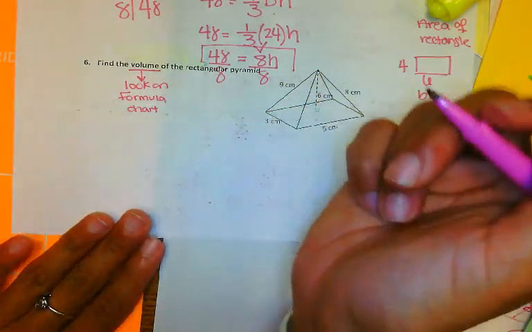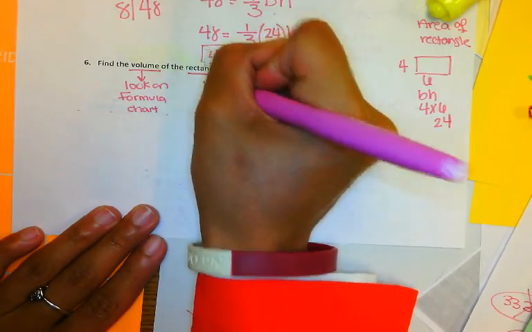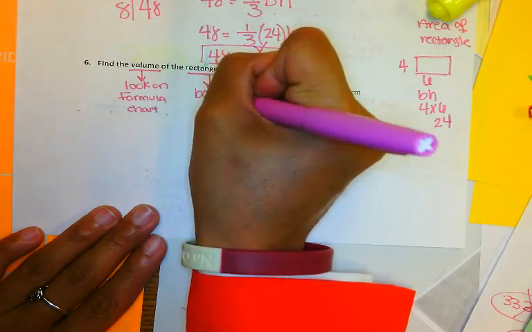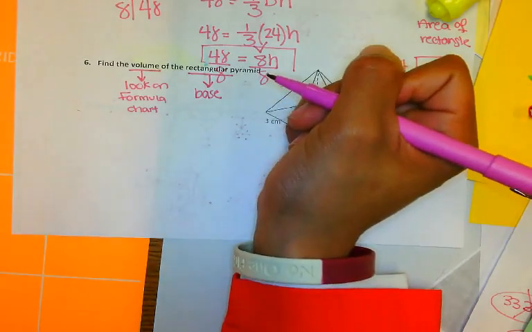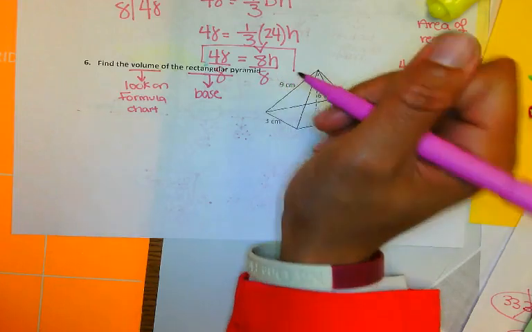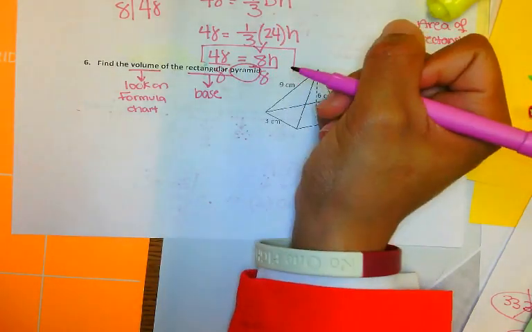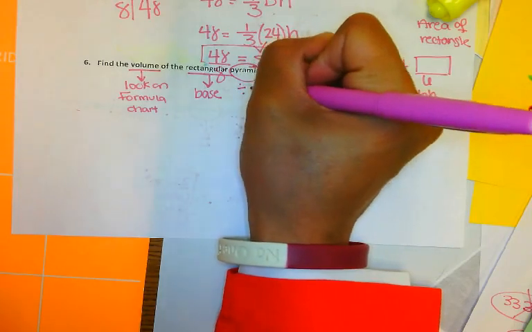Then rectangular, what does rectangular tell me? It tells me it's the base. Does it tell me to divide by anything? Nope. And then pyramid tells me to do what? Divide by 3.